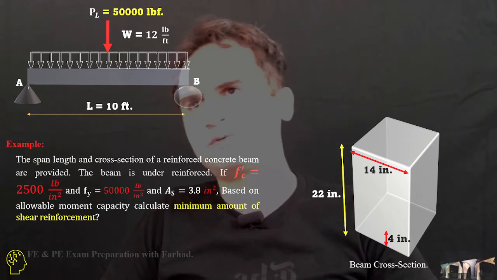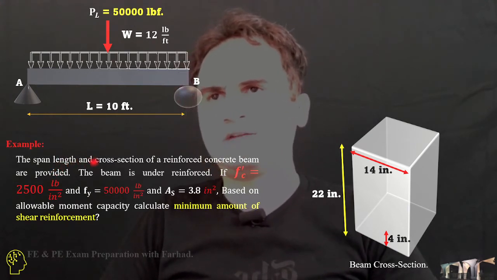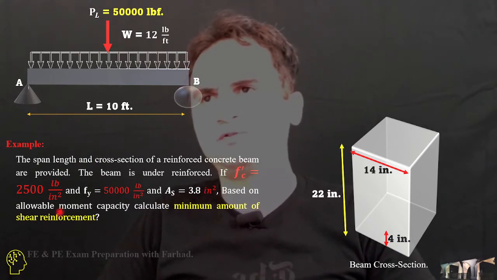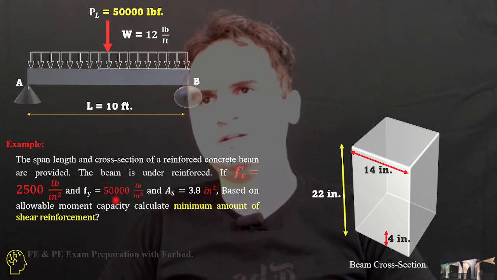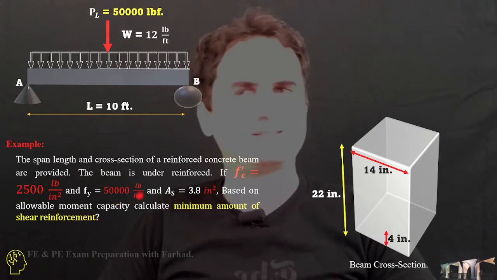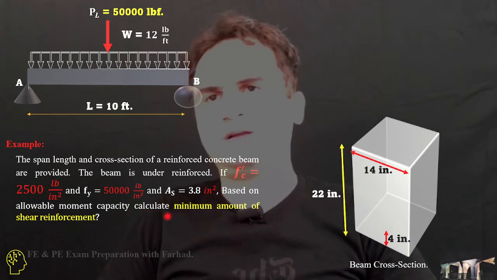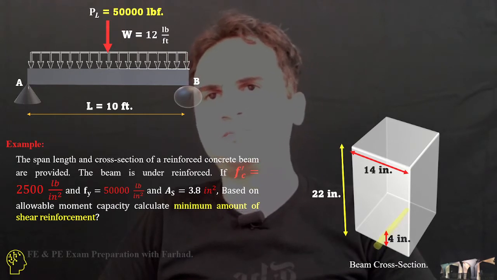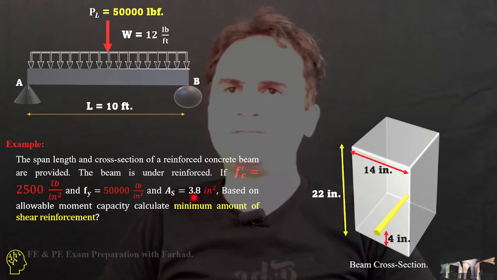Let's approach the problem. We have a cross section with f'c provided as 2500 psi and yield stress of steel is 50,000 psi. We know the area of tensile steel is 3.8 square inches.